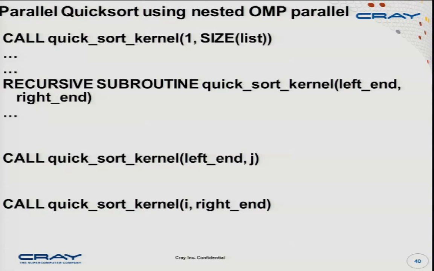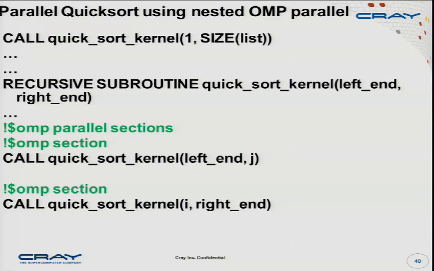How to use tasking. So if we didn't have tasking, if we had nested parallelism, how would we do this? Well, we're going to call the quicksort kernel. It's a recursive subroutine. And then inside of that, I do some work to split it into a left hand and a right hand, or an upper half and a lower half. And those can be done in parallel. Well, I can do those in parallel by having the standard parallel sections. And the parallel sections say that this section can be done at the same time as this section.